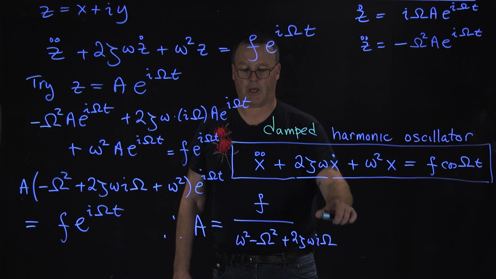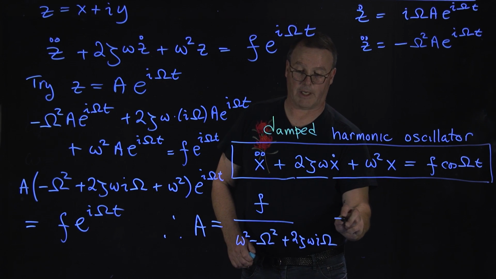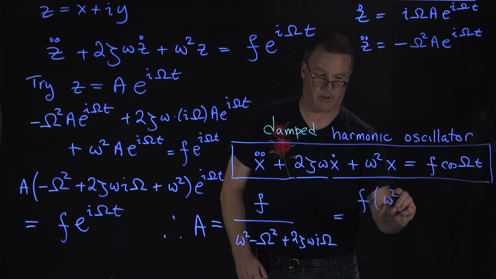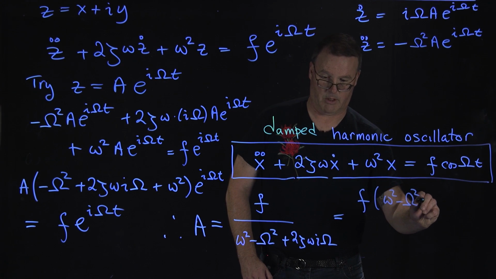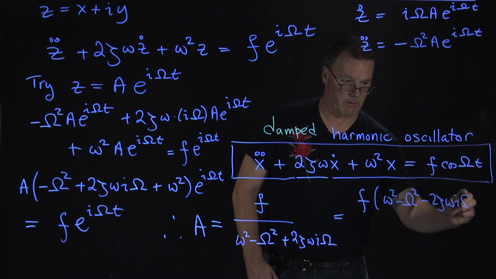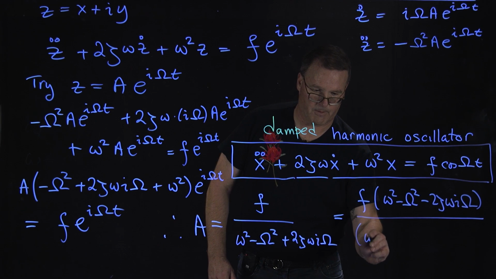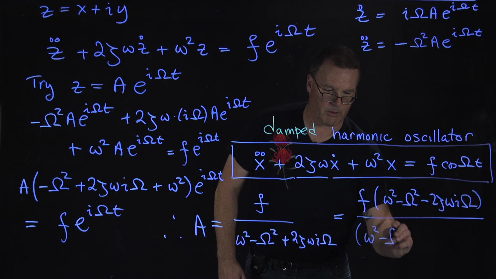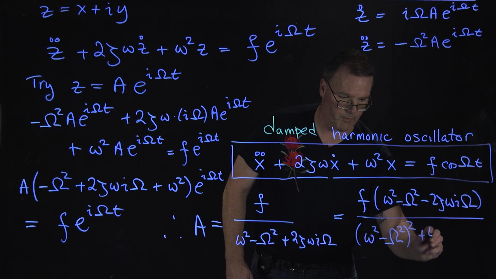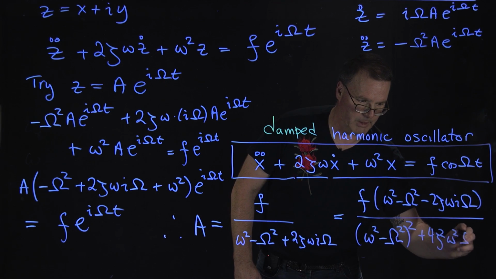So if we multiply top and bottom by the conjugate of this thing, we get f times, omega squared minus big omega squared minus 2 zeta omega i omega. And then on the bottom, we have omega squared minus big omega squared, all squared, plus 4 zeta squared little omega squared big omega squared.